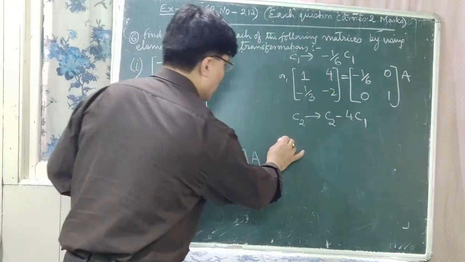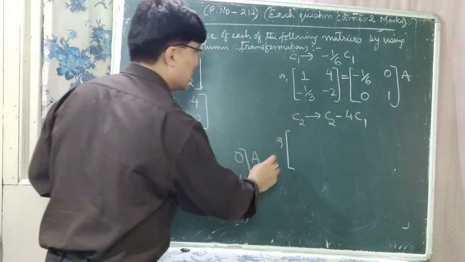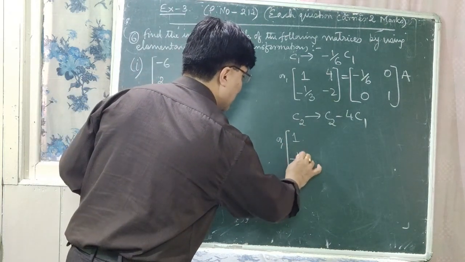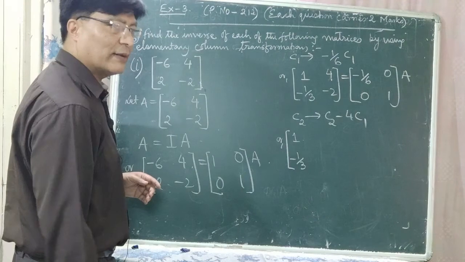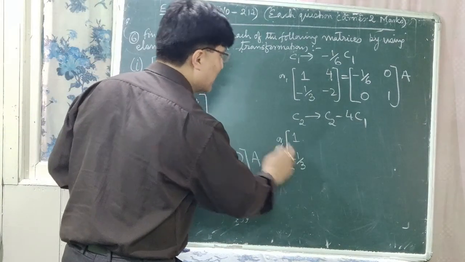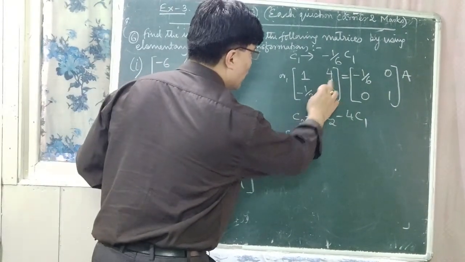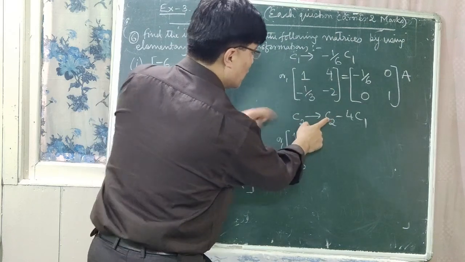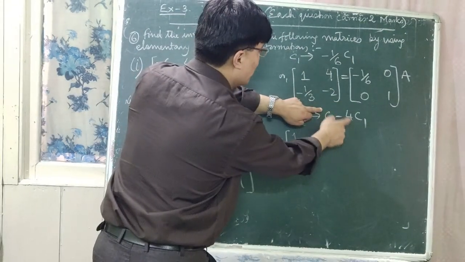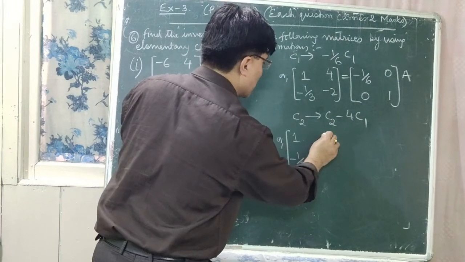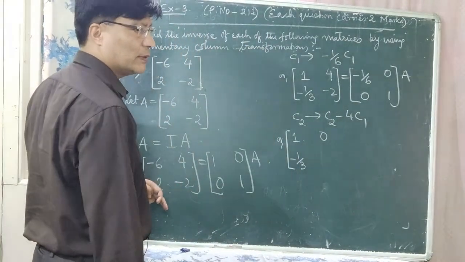Column 1 remains the same, that is 1, -1/3. Then column 2 is 4, minus 4 into 1, that is 4 minus 4, which is always 0.